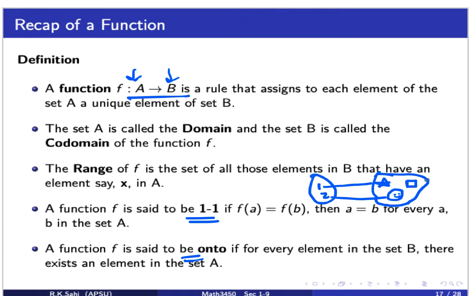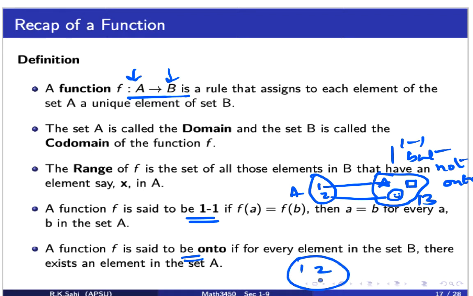On the other hand, this function, which I have just created, is 1 to 1, but not onto. What does onto mean? Onto means every element in the set B should have an image in A. So here's the scenario.